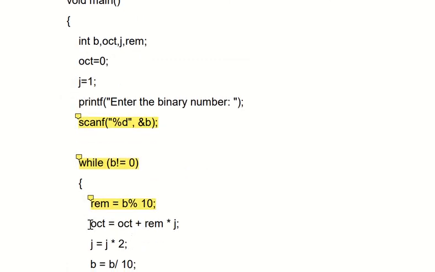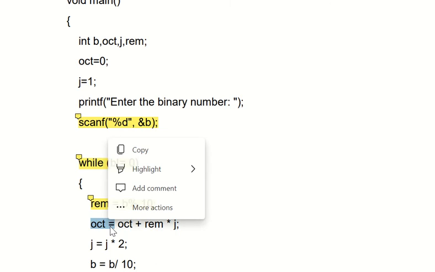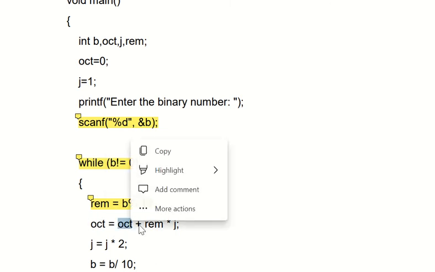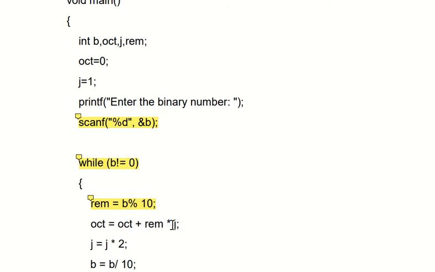Next line: oct is equal to oct plus rem into j. First of all, the remainder is 1, j as per our initial value is also 1, and octal as per the initial value is 0.